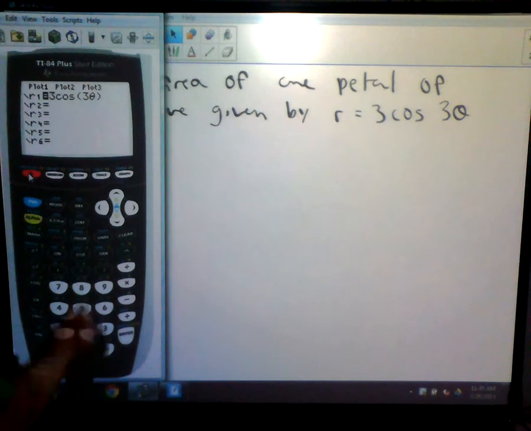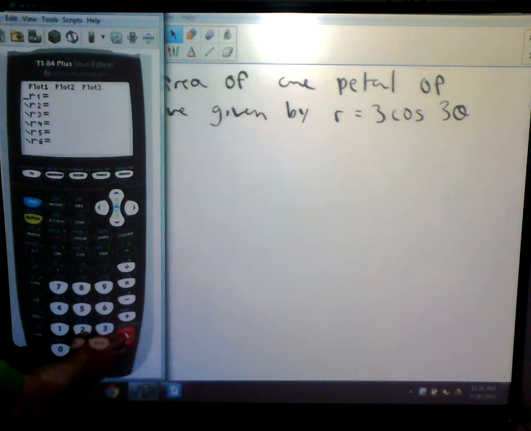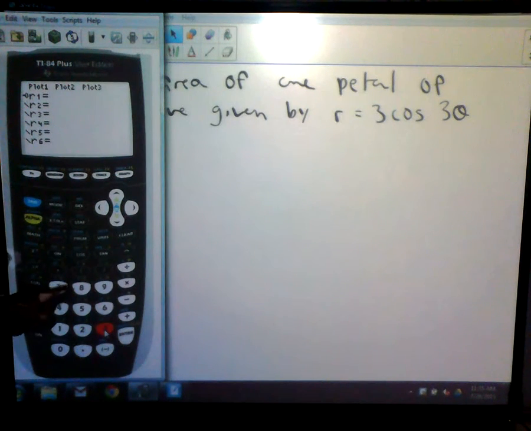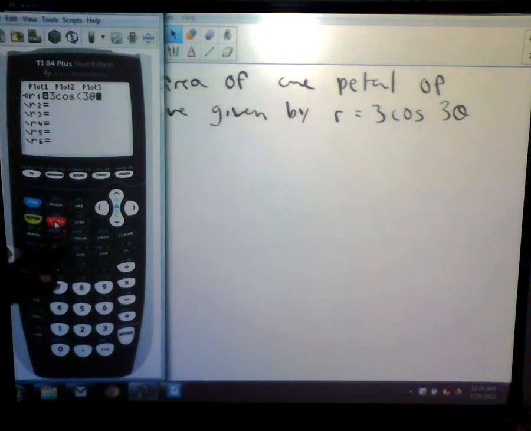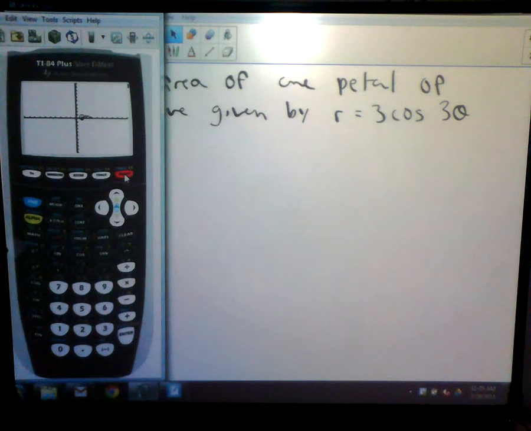Let's do this again. You have to make sure that you have the little circle donut thing, or else you can't see how many times it goes around. 3 cosine 3 theta.